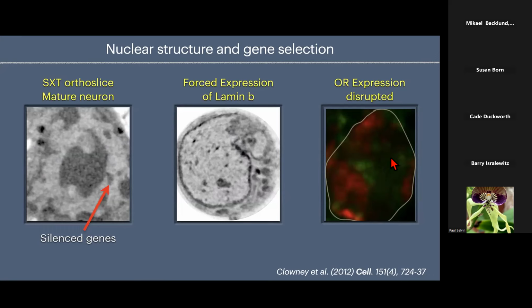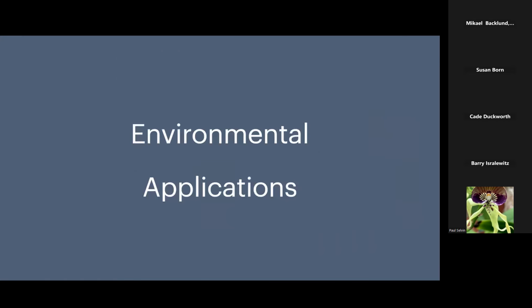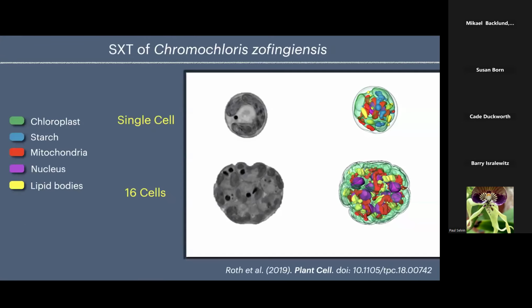So that 3D structure organization is critically important for proper gene selection, because if you knock out HP1 beta, you also lose that localization, which we can see both visually and quantitatively here. So this is a case where the 3D structure is critical for gene expression. He later did an experiment where he started culturing them on flat substrates, and he blocked proper gene selection because everything disappeared.